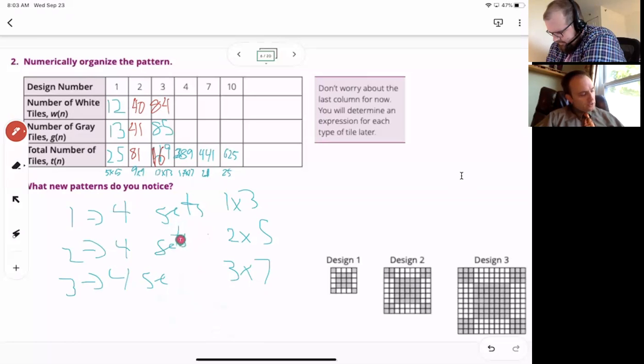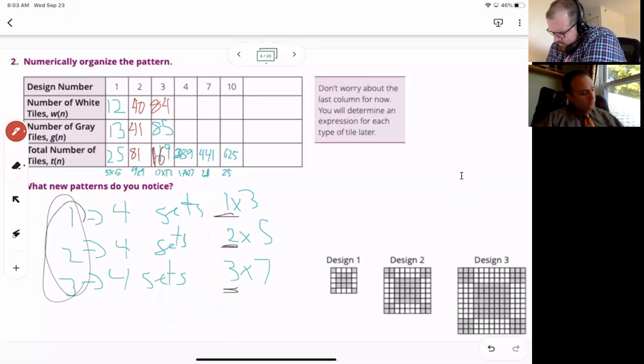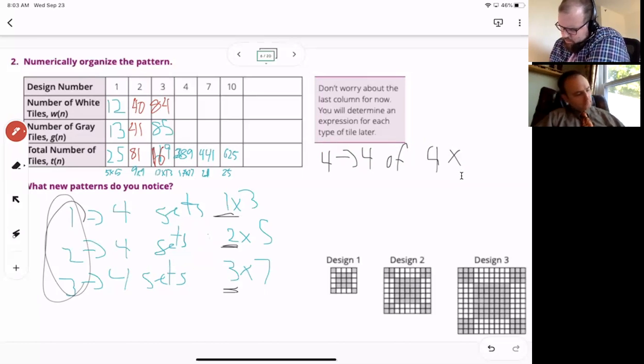Sets. There we go. So I'm noticing that these numbers match these numbers. I agree. So for like the fourth one, there'll be 4 sets of 4 by, and these ones are going up by 2. So 4 by 9. Okay, so that's 108 total.